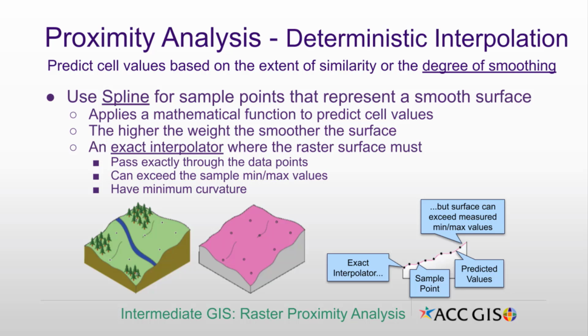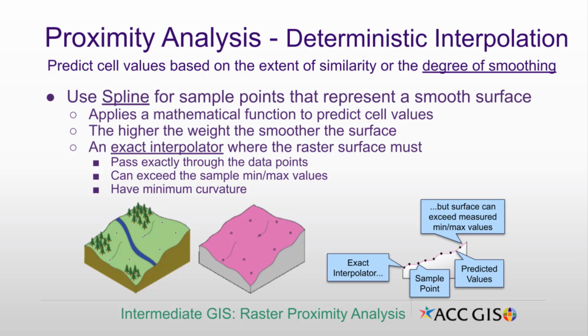So, for example, if you look on the far right-hand side, I have those black sample points in which I use the spline tool to generate a curved line that joins all of the sample points. Of course, it's an exact interpolator, so the sample point value at any one location is represented in the raster with that same value, but the line, which is that red line in there, represents the predicted values between the sample points.